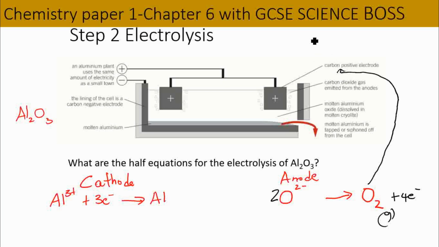The carbon electrode, which is the graphite, will react with the oxygen produced at the anode, and then it forms carbon dioxide. Now you can see the bubbles of carbon dioxide gas coming off there, which means that over time this carbon electrode is broken down and has to constantly be replaced. So this is another reason why this process is so expensive.